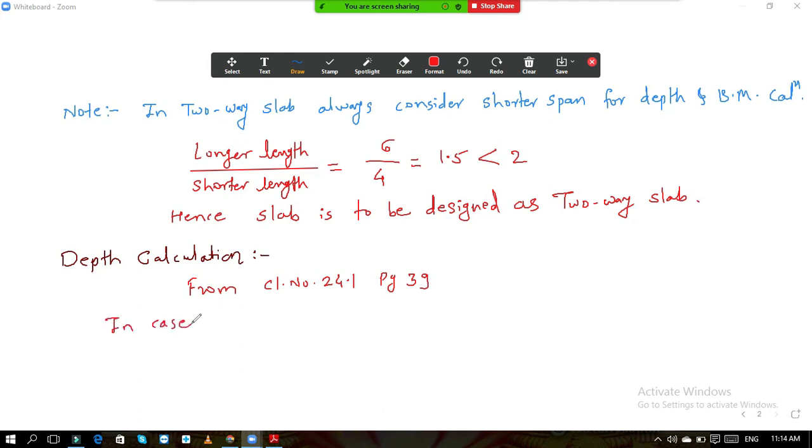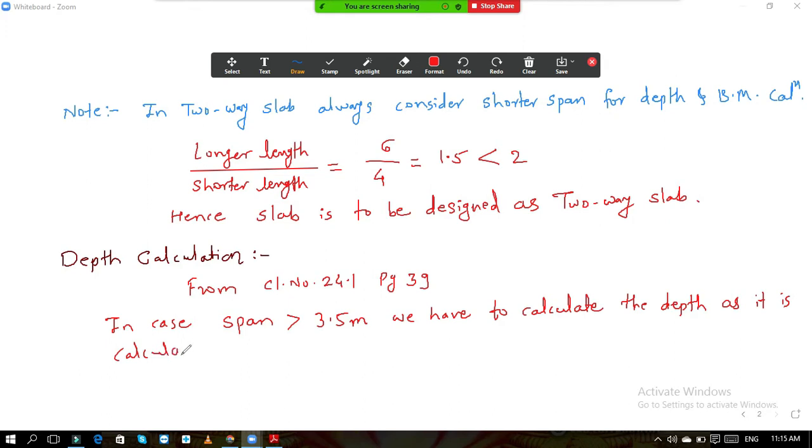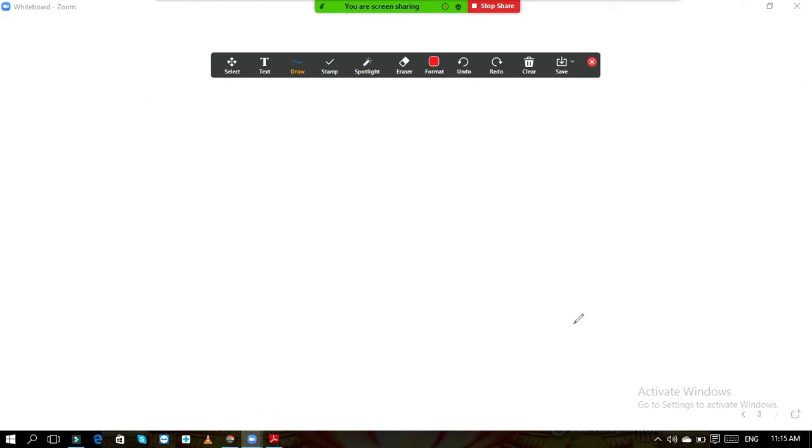In case the span is greater than 3.5 meter, we have to calculate the depth as it is calculated for one-way slab. Okay.